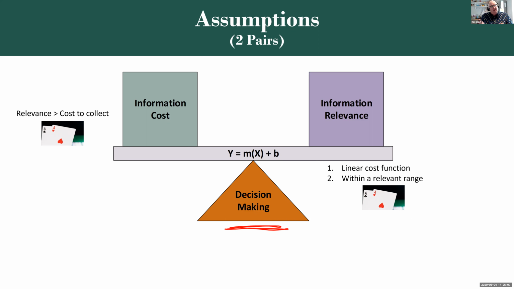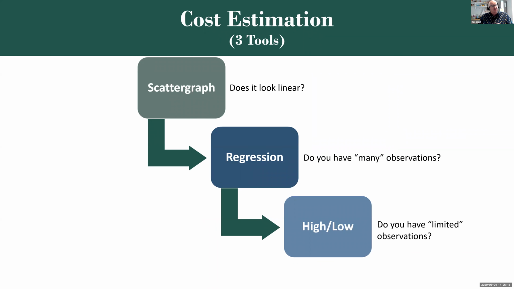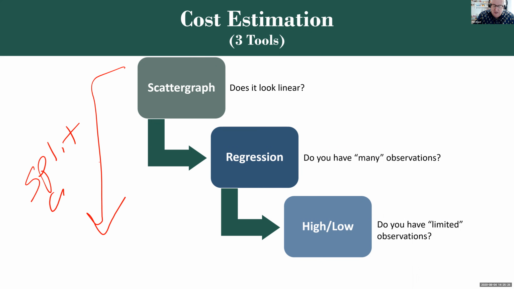That's the trade-off, just like Eric was talking about: what information do I need to make the decision at hand? Eric talked us through the scatter graph, regression, and high-low. All of these are going to help you split the costs into variable and fixed.